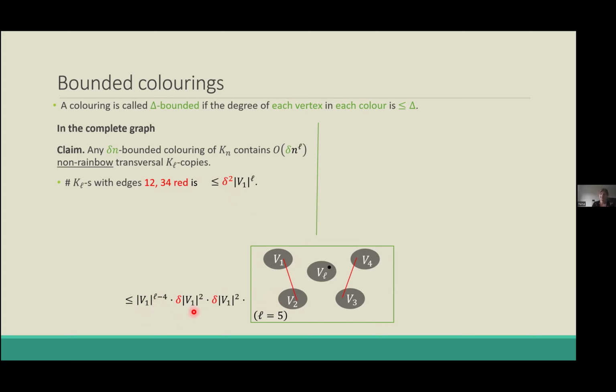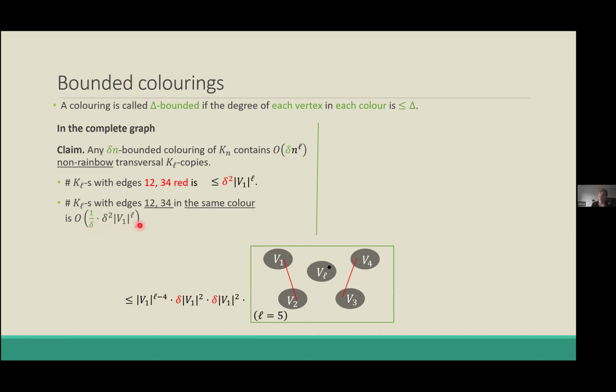And then you have delta V1 squared choices for the first edge, and delta V1 squared choices for the second edge. And altogether, this gives you a delta squared proportion of the copies. And now, so we were only looking at a single color, say red, and now we can take a union bound over all the colors. And then from there, we get an extra 1 over delta for the number of colors.